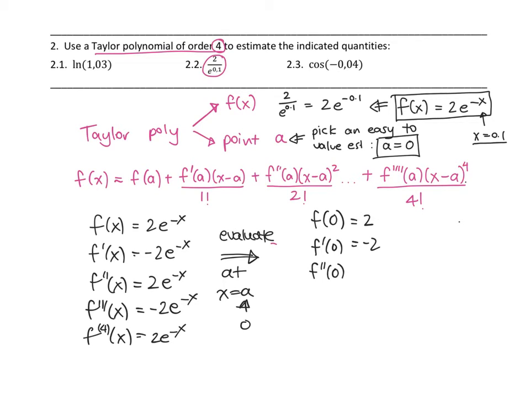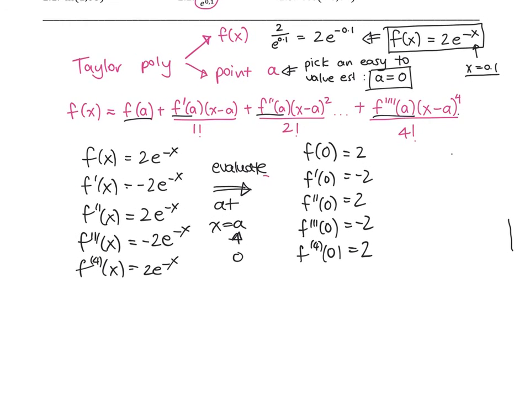Second derivative evaluated gives us a 2. Third derivative gives us a minus 2 again, and finally our fourth derivative gives us a 2. So now we have all our coefficient values, and we can plug straight in to find our Taylor polynomial.